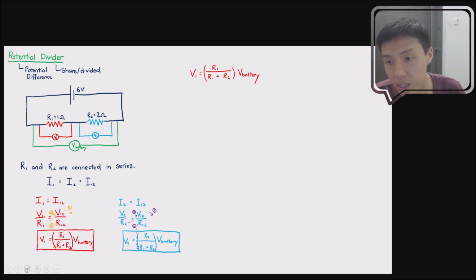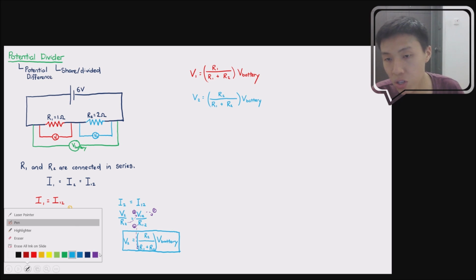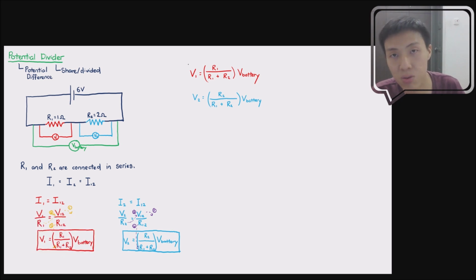On the other hand, you have V2 which is equal to R2 over R1 plus R2 multiplied by V battery. We can try to generalize it into a general case.